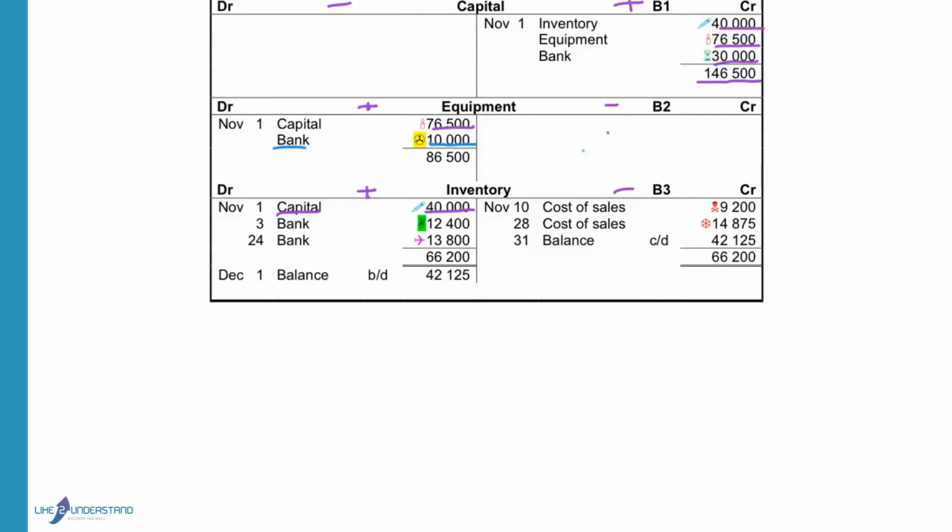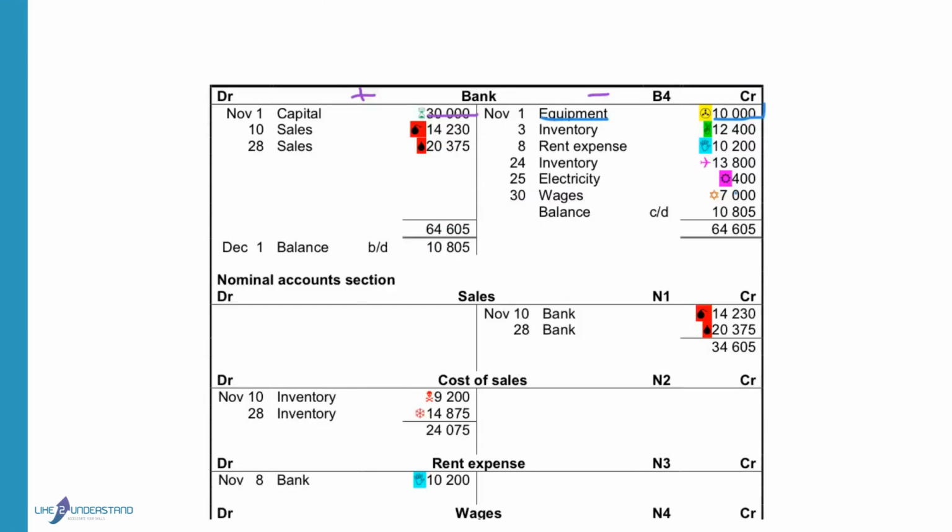We bought inventory, so the asset inventory increased on the debit side with 12,400 and the bank account is credited. The bank account is credited to indicate that the money in the bank was decreased and that the inventory account was debited with the amount.